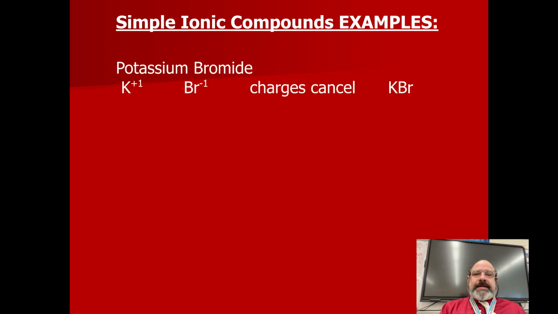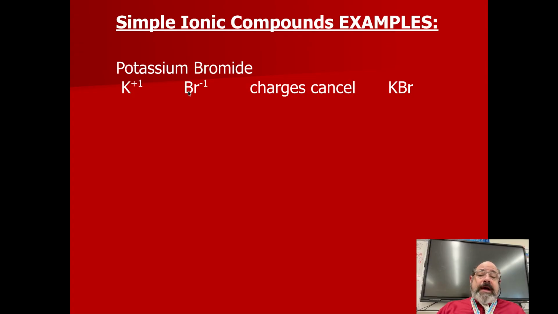Okay, so let's do some examples. Simple ionic compound. Simple meaning that the pluses and the minuses are the same number. So here's the word, potassium bromide. You look on the periodic table, potassium is K. It's in the first column, so it's a +1. Bromide is bromine, which is a -1 because it's a halogen.